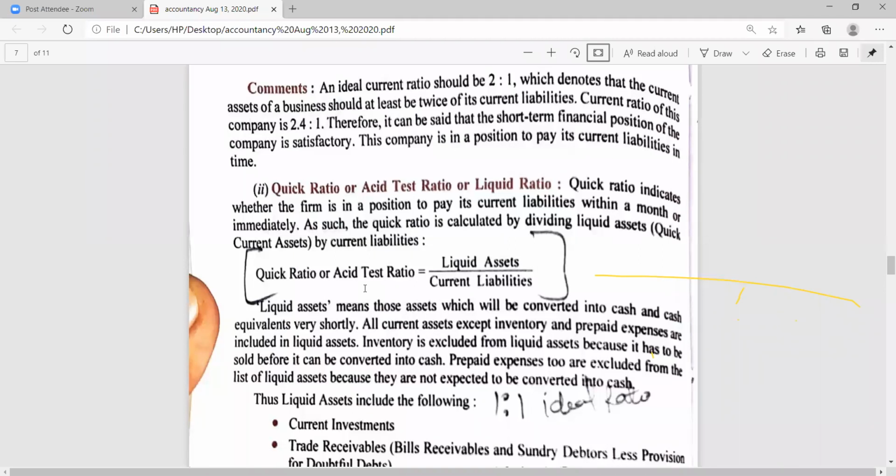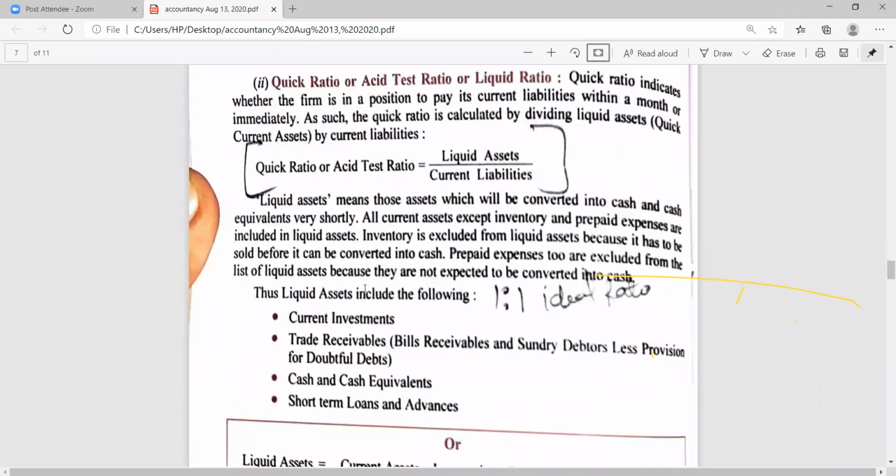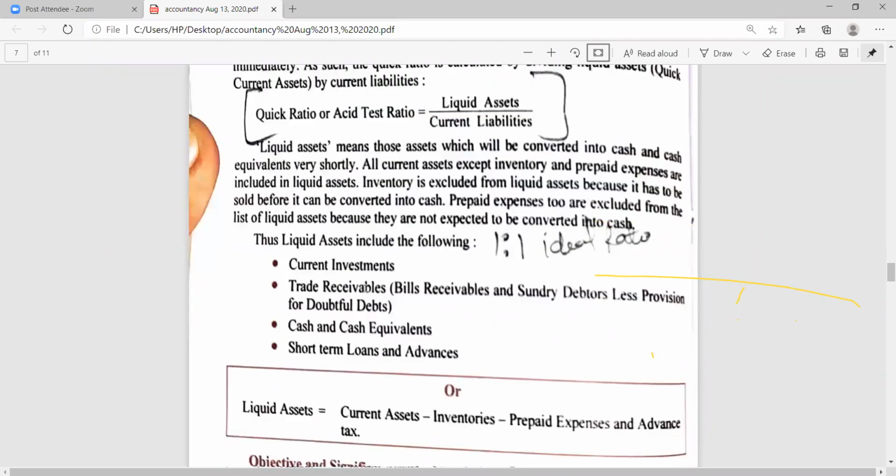And you may get the question, what is the basic difference between quick assets and current assets? Current assets minus inventory and prepaid expense are known as the liquid assets. And liquid assets include current investment, trade receivable.